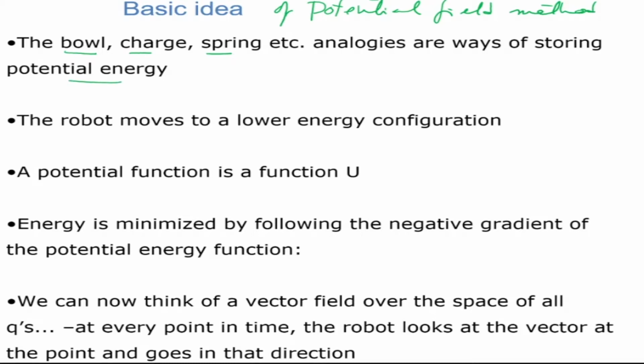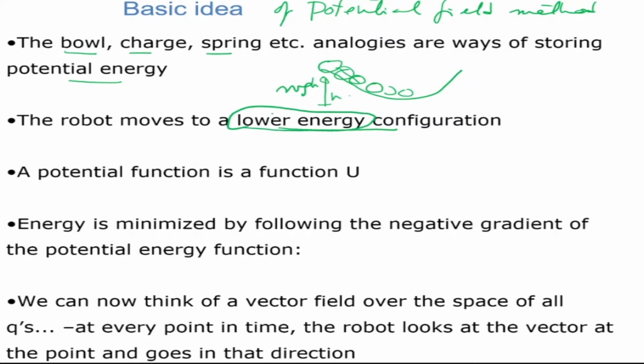They can be used to guide motion in a particular direction. So the robot moves to a lower energy configuration, as we saw in the case of the ball, that the robot was actually coming down. So it was mgh here, so that's my h. So the ball was rolling down and it was losing potential energy. So the robot moves to a lower energy configuration.